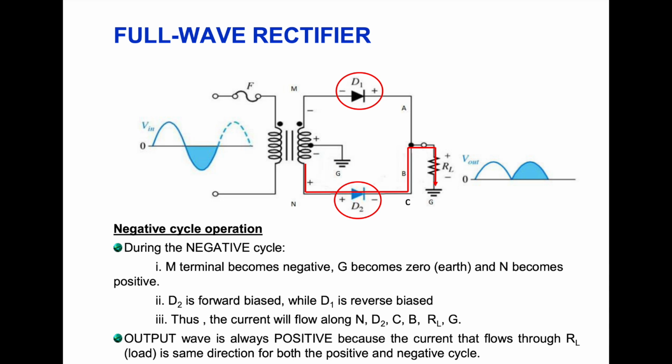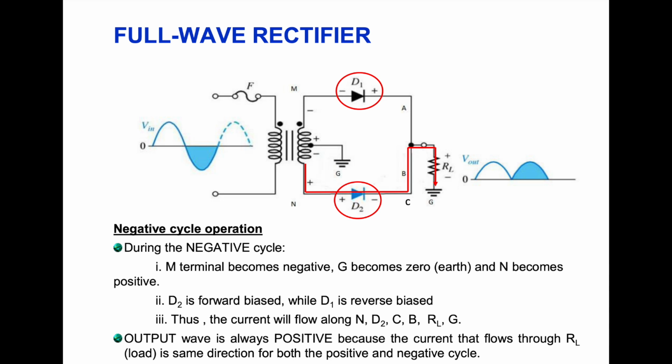Just now N was negative, but now M becomes negative and N becomes positive, and then at this time D2 becomes forward biased and D1 becomes reverse biased. Just now D1 was forward biased and D2 reverse biased, and now when D2 is forward biased, D1 is reverse biased, the current will flow through N, D2, C, B, and RL and G.